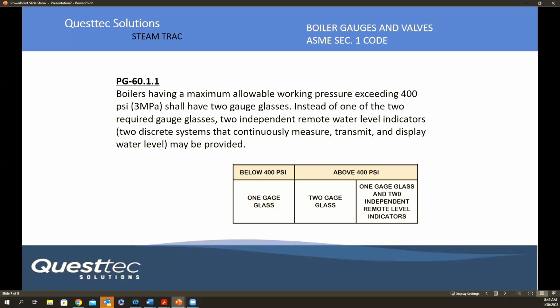There's more requirements and more nuance beyond this, but this is the overall big picture of solutions that Questtec can provide that can allow them to meet their requirements for ASME Section 1, 31.1, PG 60, and how we can inform and update our customers and help them make a decision that will be the best fit for their plant and their needs.